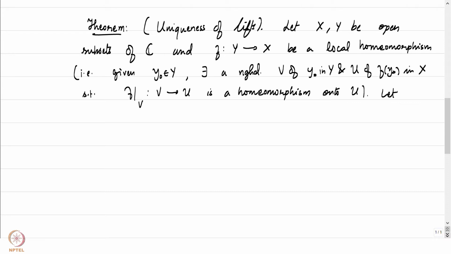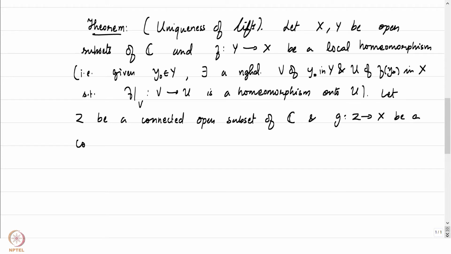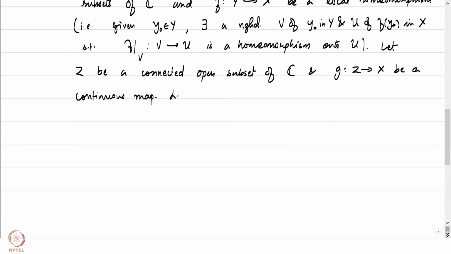Okay, the theorem now says the following. Let Z be a connected open subset of C and g from Z to X be a continuous map. Suppose we have two lifts of g with respect to f.